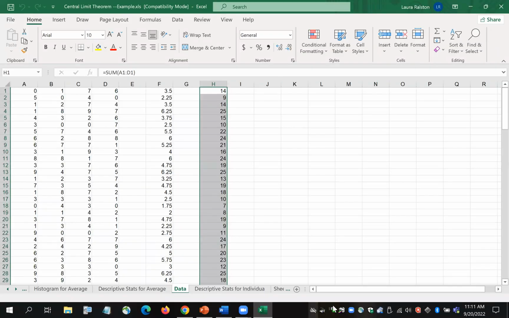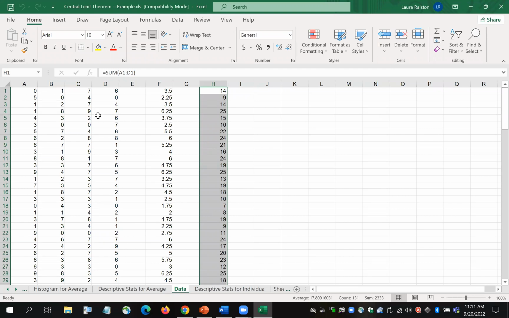Okay, so I entered them into Excel. In the first column, I had the first digit. In the second column, I had the second digit. In the third column, I had the third digit, and in the fourth column, I had the fourth digit. So I had 4 columns of 131 people.